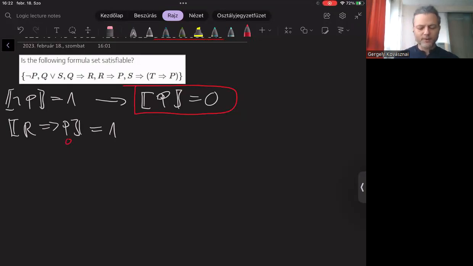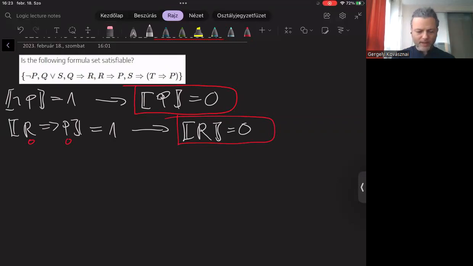And therefore, since this implication R implies P must be 1, there is no other way than to assign 0 to R. This is the only way to make this implication 1. So this implies that R as a variable must be false, right? Let me just highlight this fact.